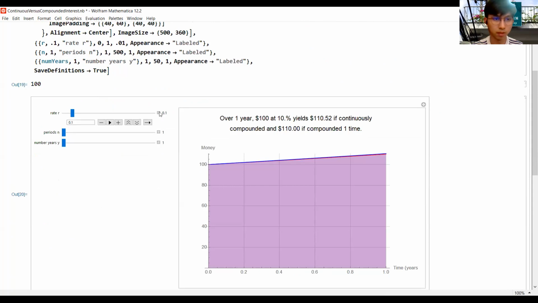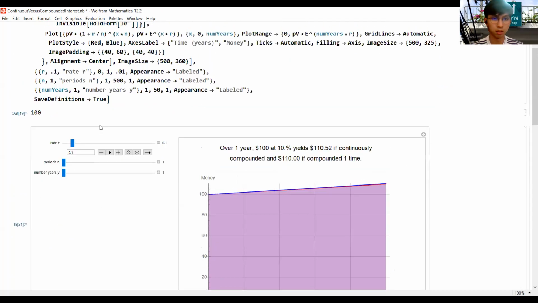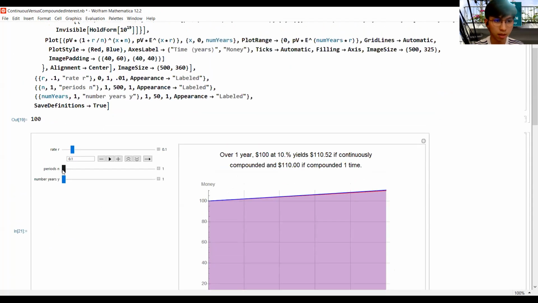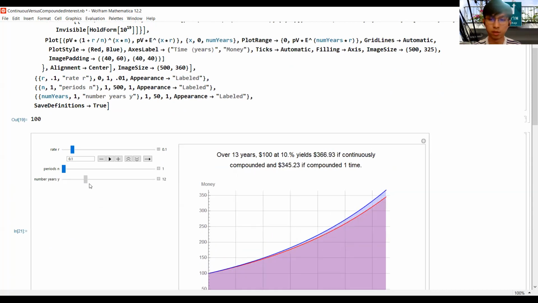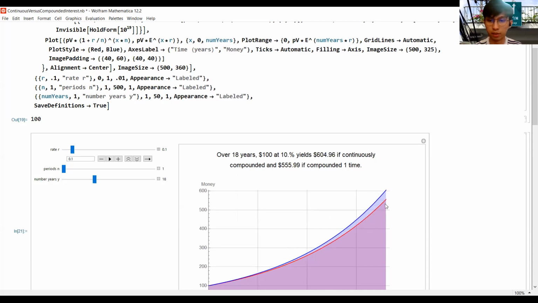If we start, the bank gives us 10% a year. And if we want more return, we could deposit for many years. You will see the return.